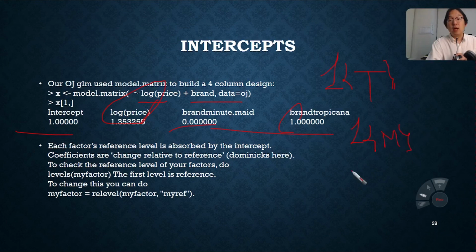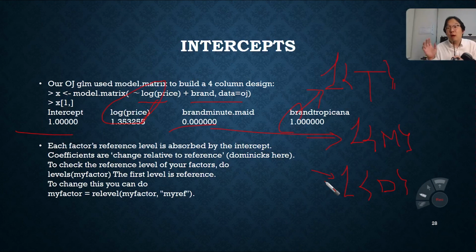And then the third category is Dominick's. If we create a dummy variable for Dominick's, then what happens? All the observations in our data set belong to one of these. There will be no case that doesn't belong to any of the brands. There's no such thing as no-brand orange juice in our data set. Any of the 3 completes our data set.